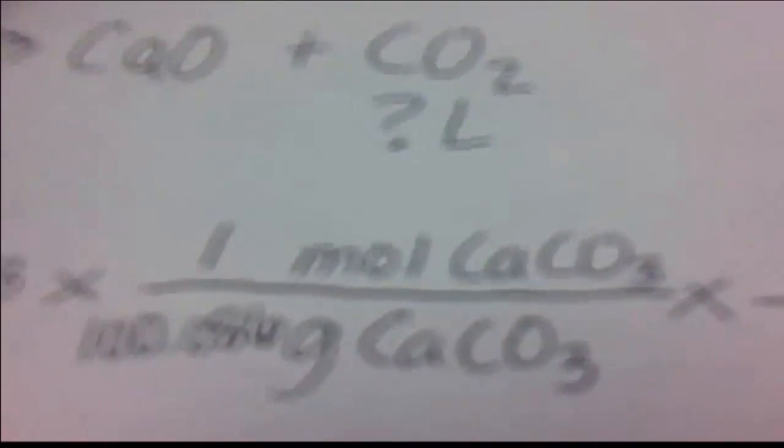And then of course now I'm ready to do my math. So I go back and I look and I say, okay, I have 152, and then I'm going to multiply that by 22.4, and then I'll have to divide that by 100.086.